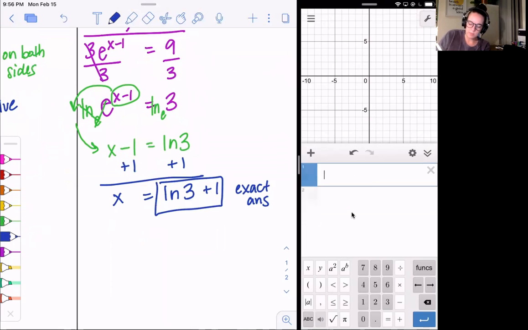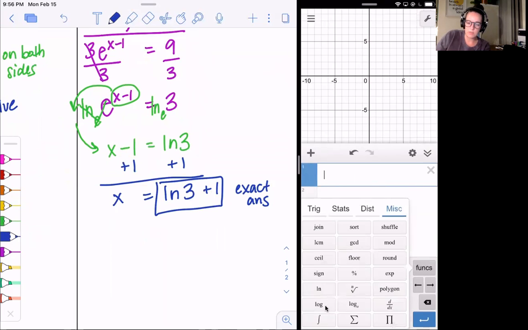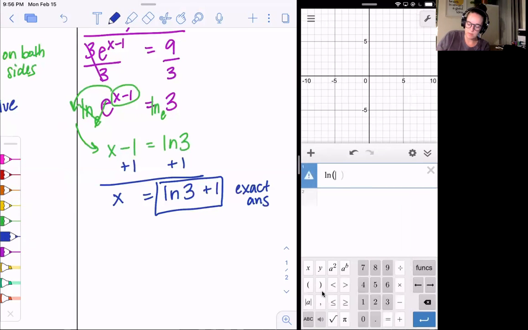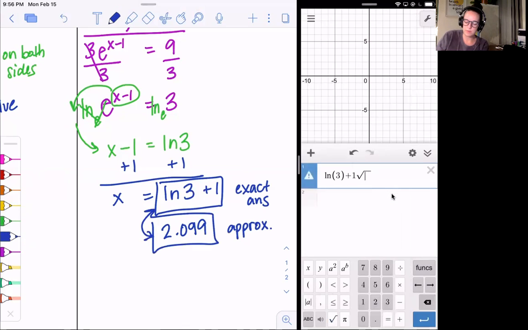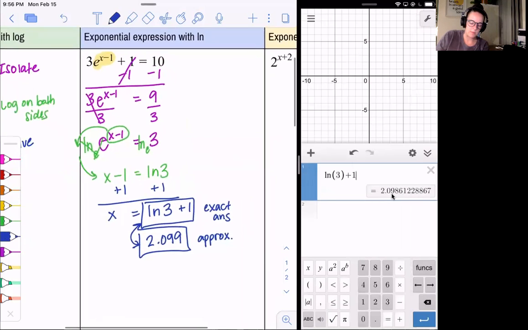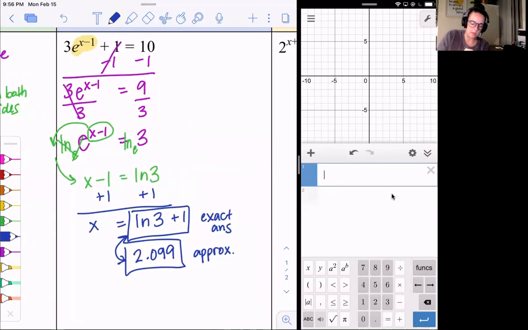If I wanted a decimal approximation, I would go to my calculator, press functions, go to natural log of 3. Make sure you put the plus 1 outside the parentheses, and I would get 2.099. This is my approximate answer, and these two things are equal to each other. Remember, if I want to double check my work, I can always type in each of these pieces as y1 and y2.